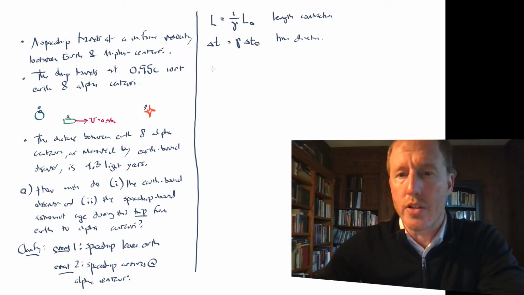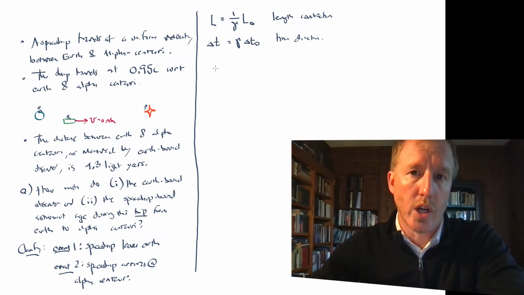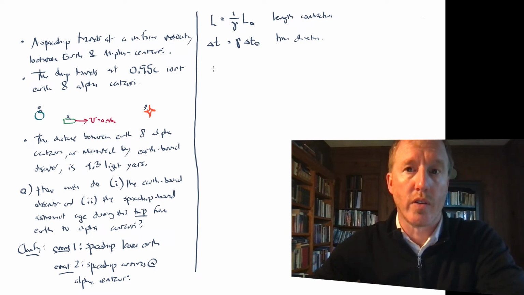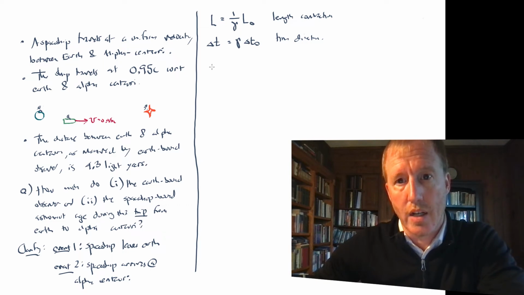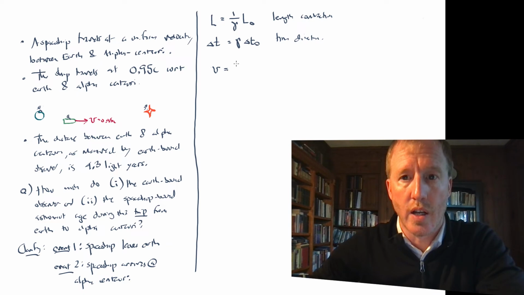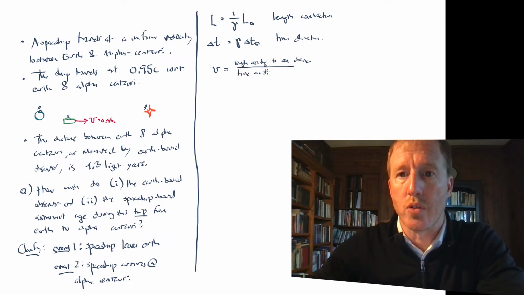Okay, and maybe I should say one other thing just to clarify something. If you're talking about the relationship between speed, distance, and time for a single observer, you can use the standard formulas for velocity. So for example, if something is moving at a certain velocity according to one of these observers, that would be the distance according to that observer, divided by the time according to the same observer.